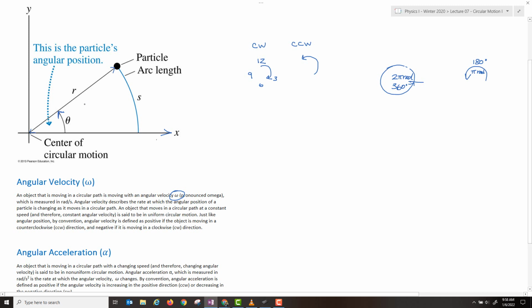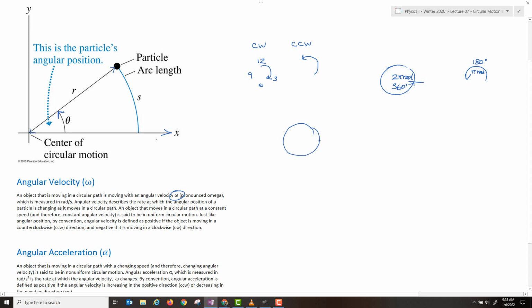So its angular velocity is the same, and its speed is the same, but its velocity would be different because remember, velocity is a vector, and it includes both the magnitude, which would be the speed, and its direction. And when something is moving in a circular path, its direction keeps changing.